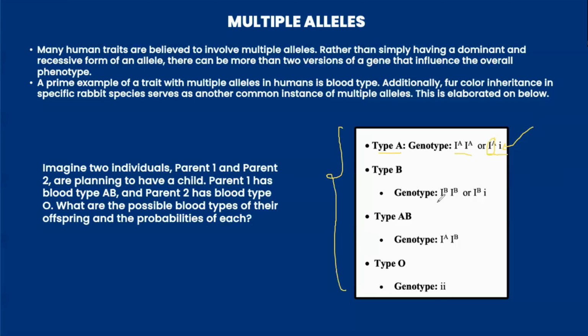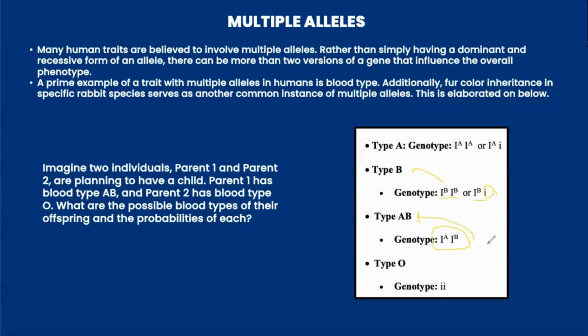The same follows through with the genotype for B blood type. So, for example, you'll have two capital B's with that designated holder of the capital I, and that designates blood type B. Or you could have the capital B and the placeholder of the lowercase i as your blood type B. Now, if you have a combination of both dominant alleles, A and B, you get another unique blood type, which is AB.